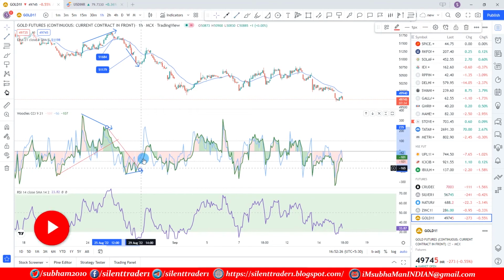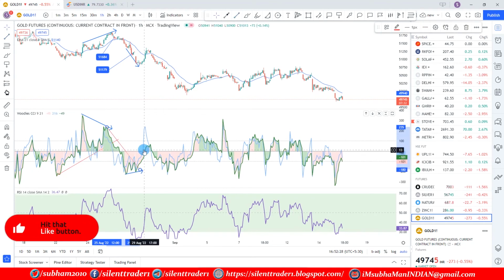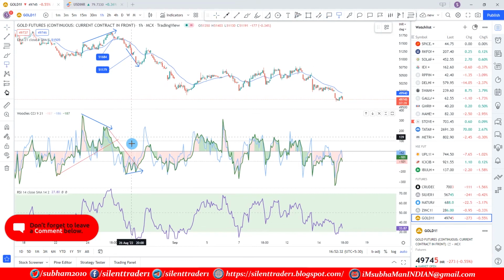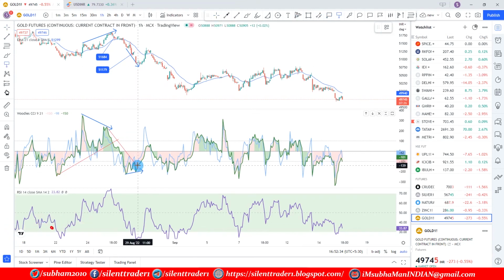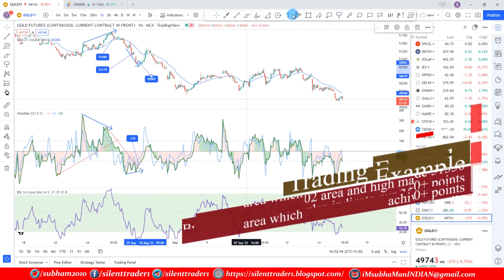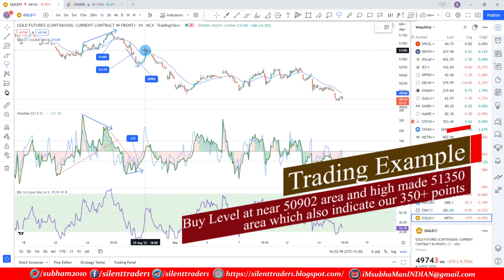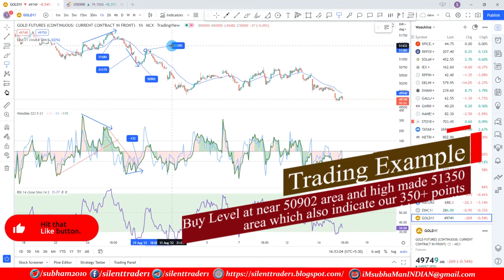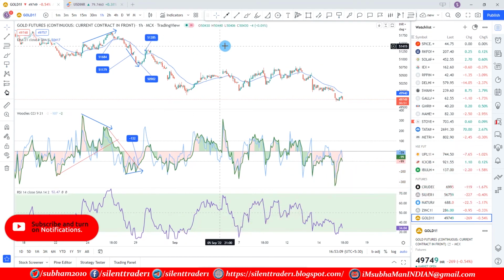Now check out the price. See the buying point near the 50902 area and the high made at the 51350 area, which also indicates our 350 plus points achieved easily.